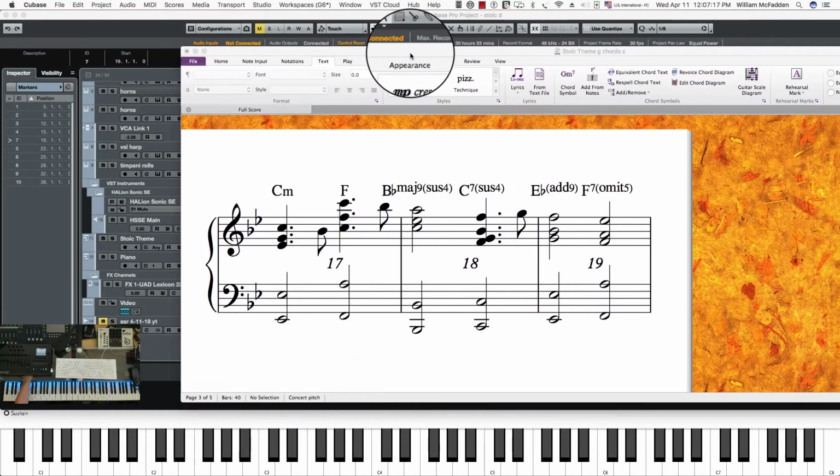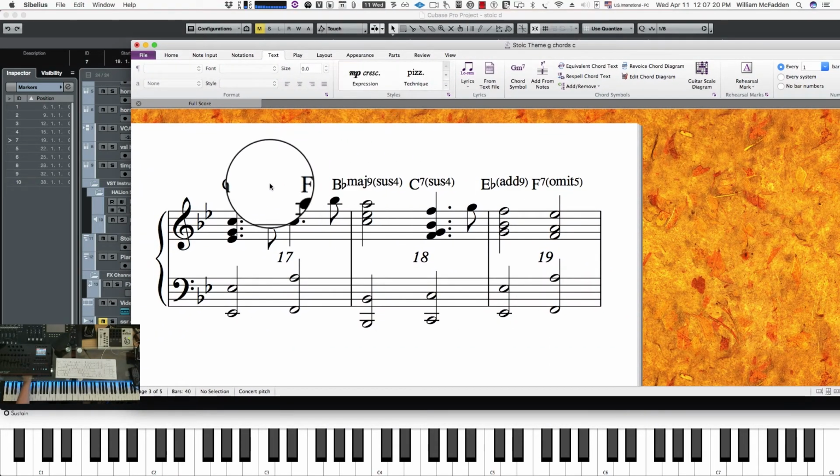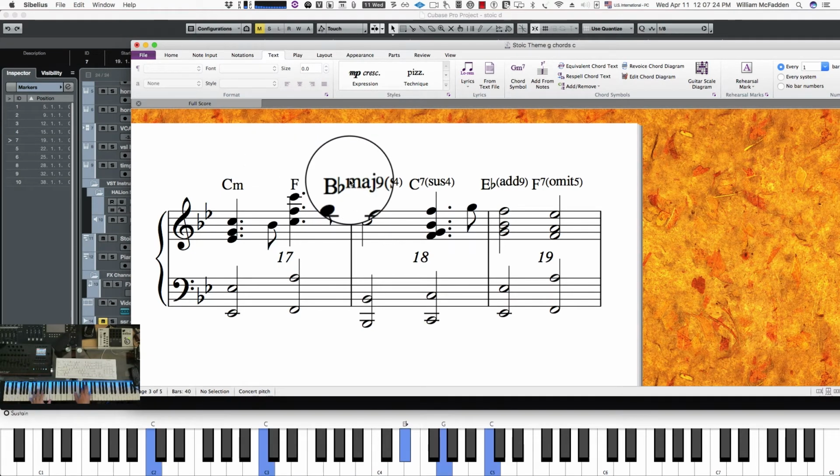The brass comes in at 17. So now we have the C minor chord. Then we go to an F. Then the melody line.